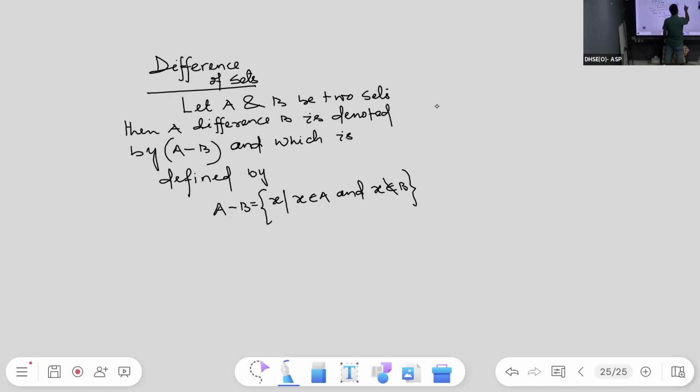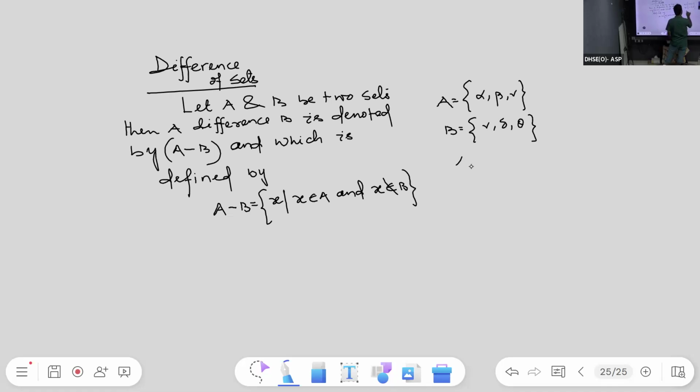For example, suppose A is the set containing the elements alpha, beta, gamma, and B is the set containing the elements gamma, delta, theta.